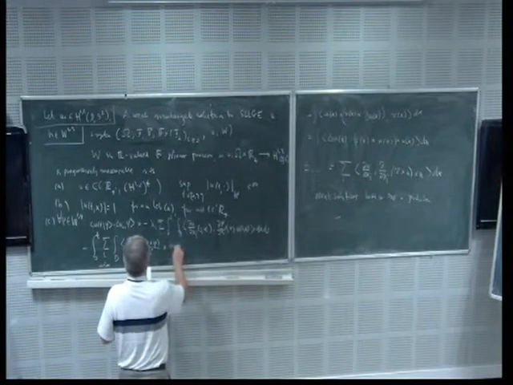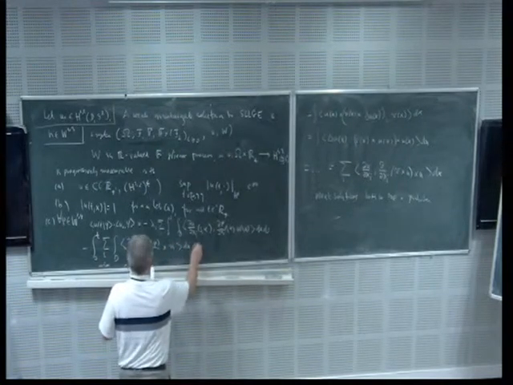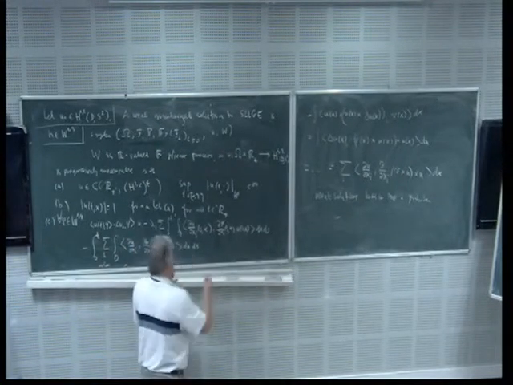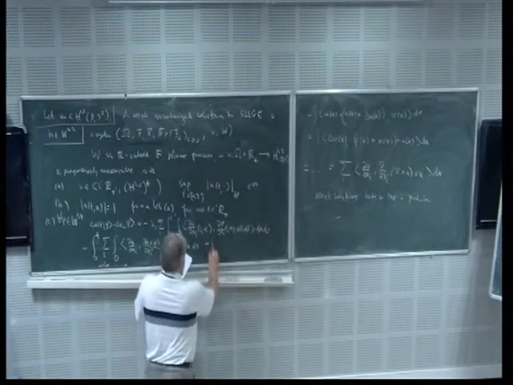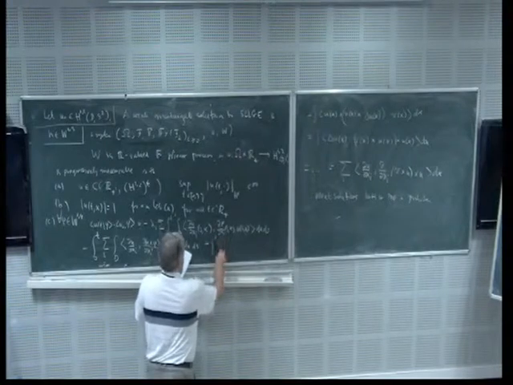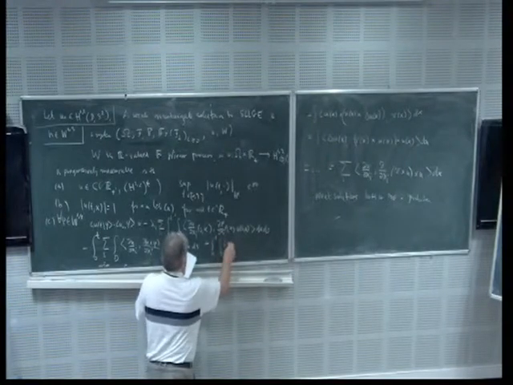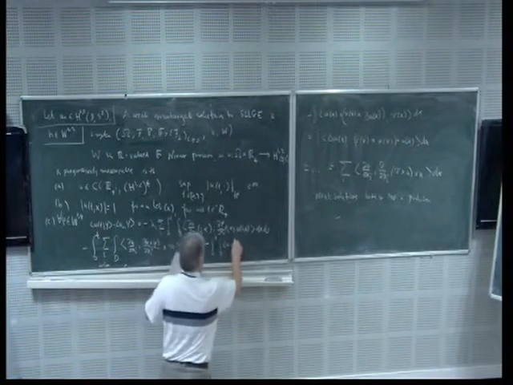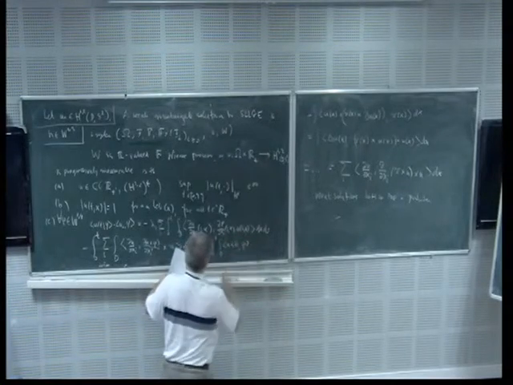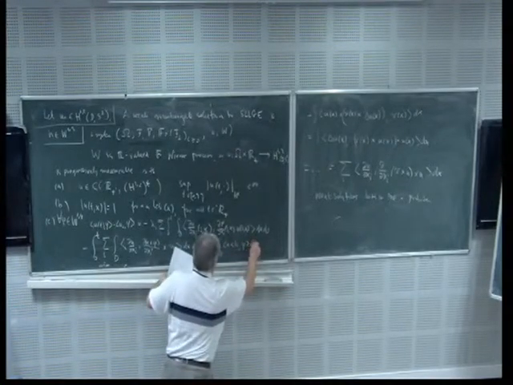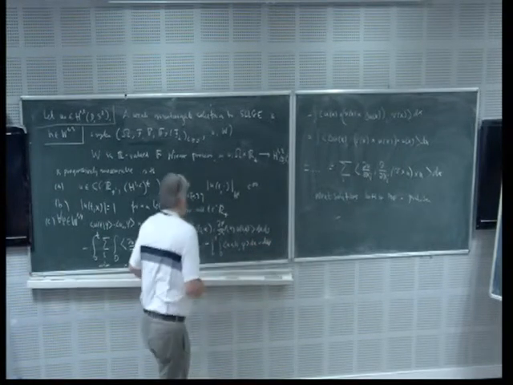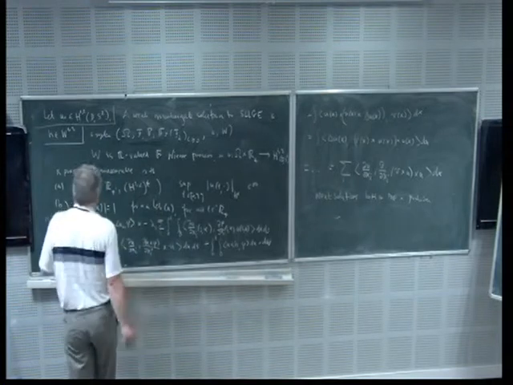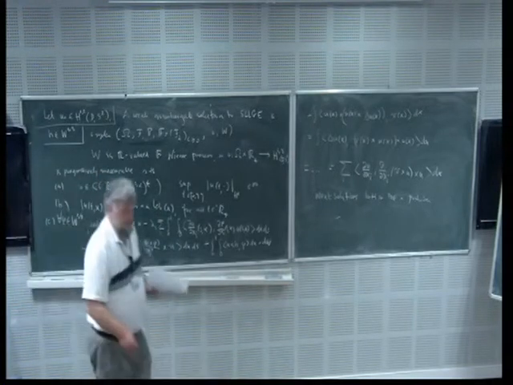Vector product u, dx, ds. And finally, we have the Stratonovich term, which I write for simplicity, integral from 0 to t, integral over D, u cross h, inner product phi dx, Stratonovich dW. So that is our definition of a solution.